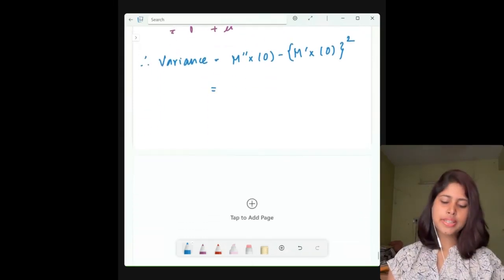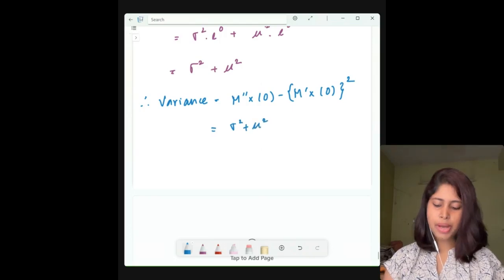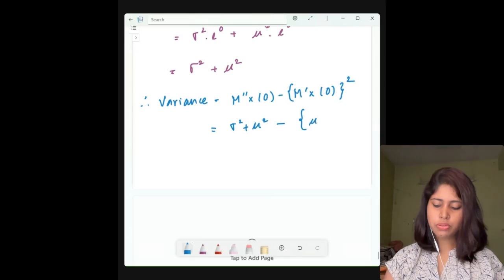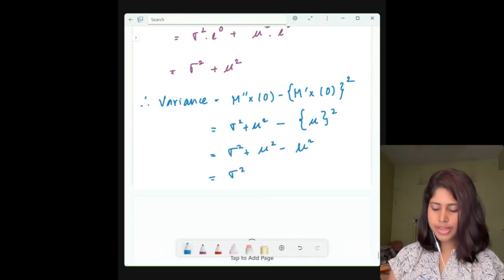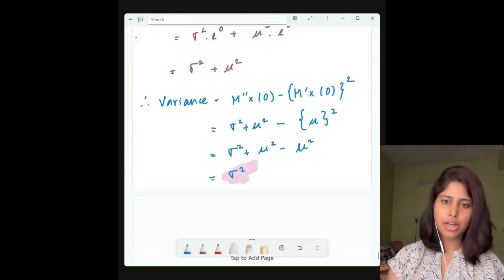Now see, what is m double dash x 0? That is sigma square plus mu square, and minus what did we get? The mean. Mean is mu only. So mu squared. It will be sigma squared plus mu squared minus mu squared. It will be only sigma squared. So as I have said, the mean is mu here and variance is sigma squared.